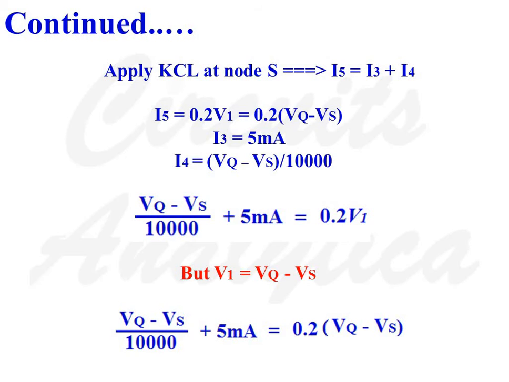According to KCL, I5 is equal to I3 plus I4. VQ minus Vs the whole divided by 10,000 plus 5 milliampere is equal to 0.2 V1.